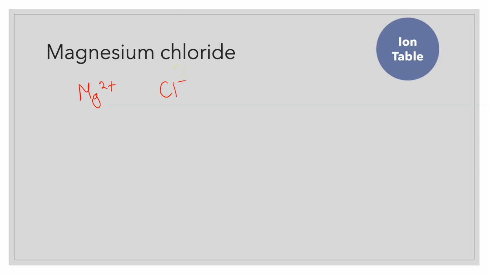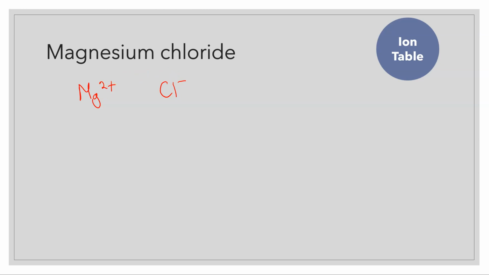So when atoms bond together, what they want is to be overall neutral, okay? So they want to cancel this 2 plus, and this Cl- isn't enough to cancel it out, okay?